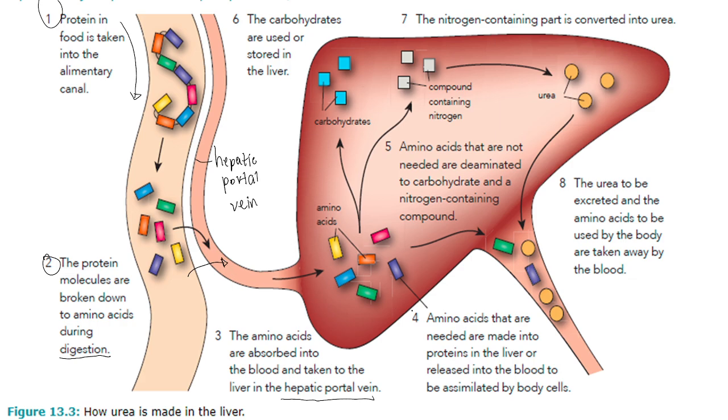Okay, what happens? Amino acids that are needed are made into proteins in the liver or released into the blood to be assimilated by body cells. Then amino acids that are not needed are deaminated.